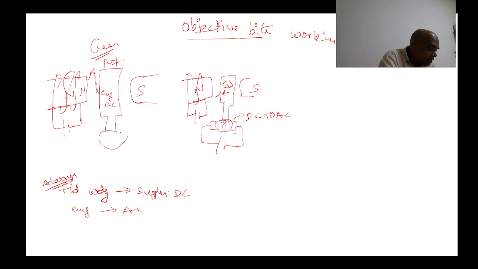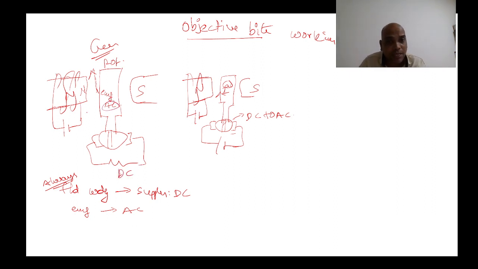How are you getting DC here? Using the commutator. So which type of supply are you getting? DC. Means here the EMF induced in the coil is AC, but the result is DC. So what is the function of the commutator? The commutator converts from AC to DC.